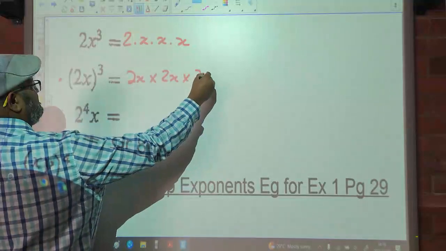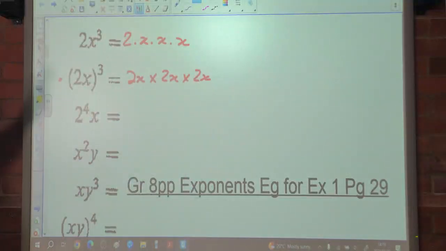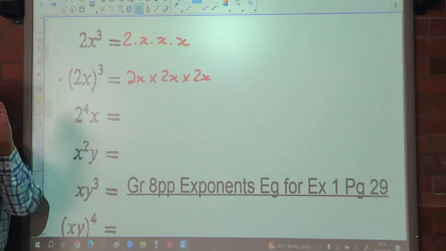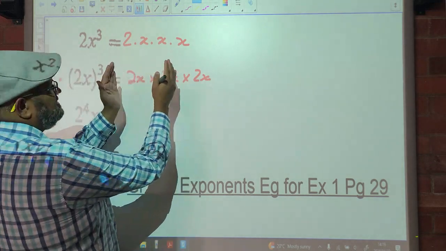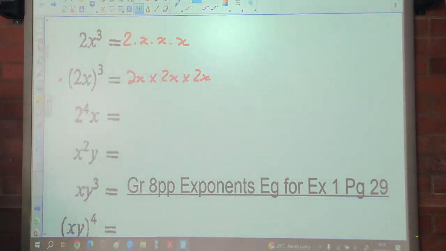Why? Because the 3 is on the whole bracket, so the whole bracket must be multiplied out 3 times. You understand?